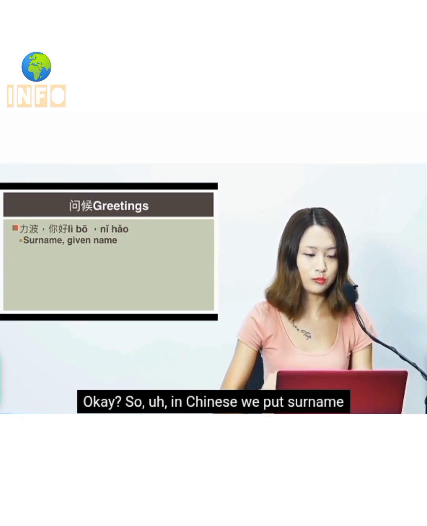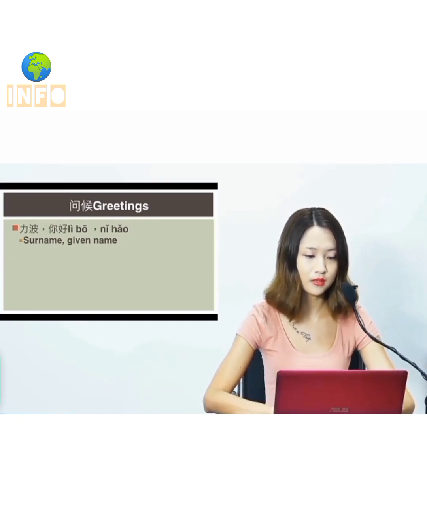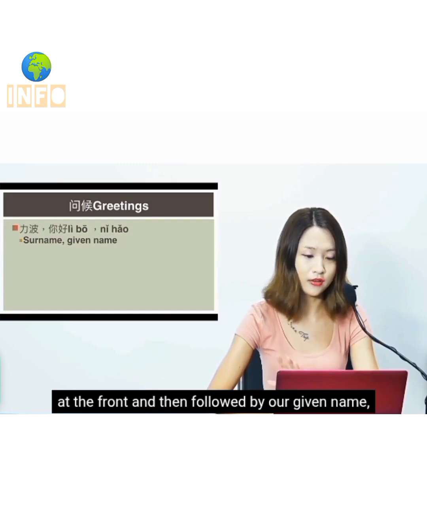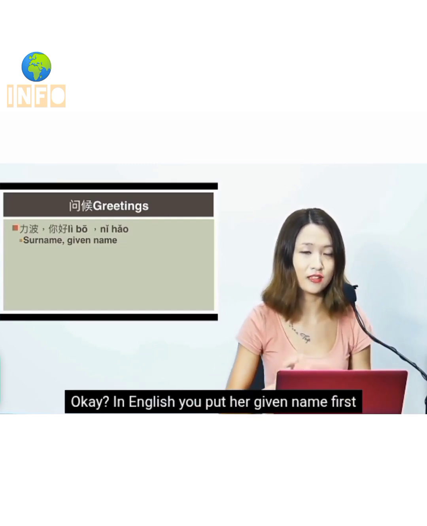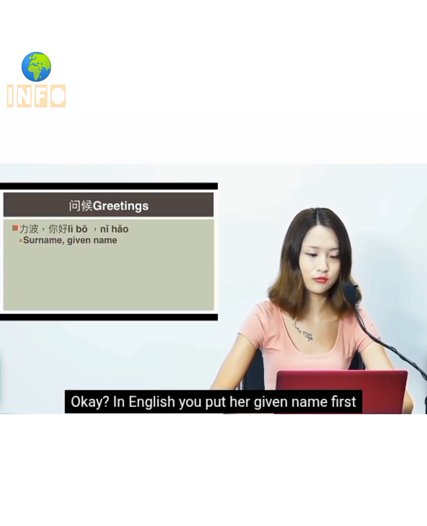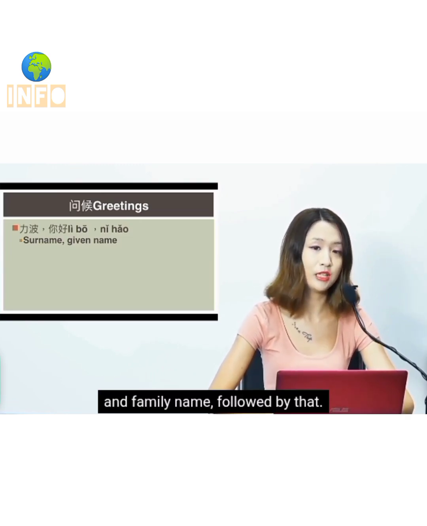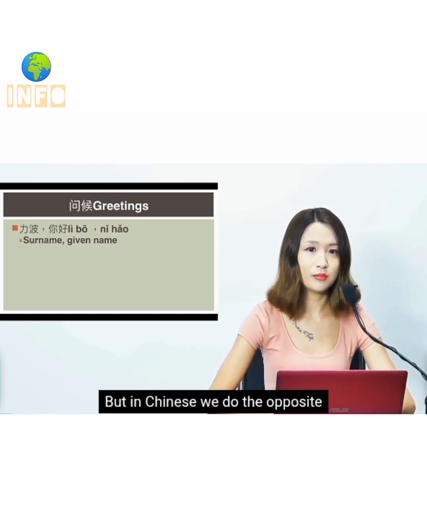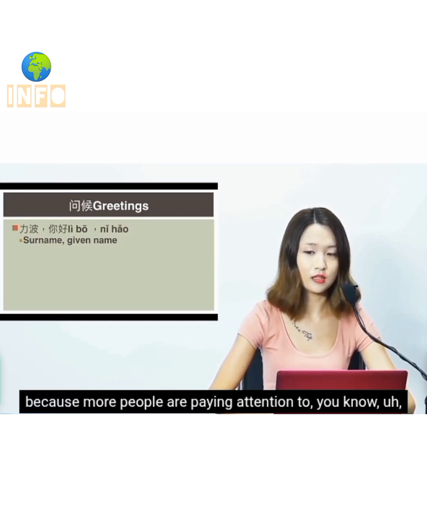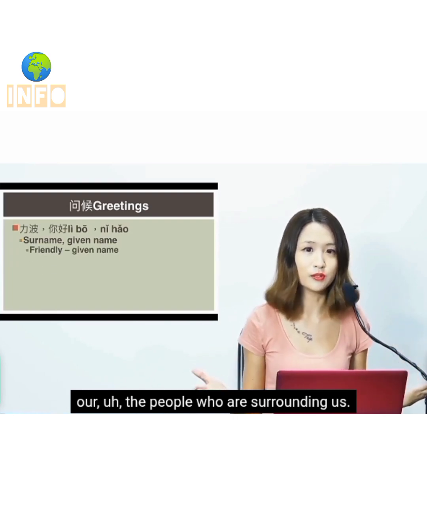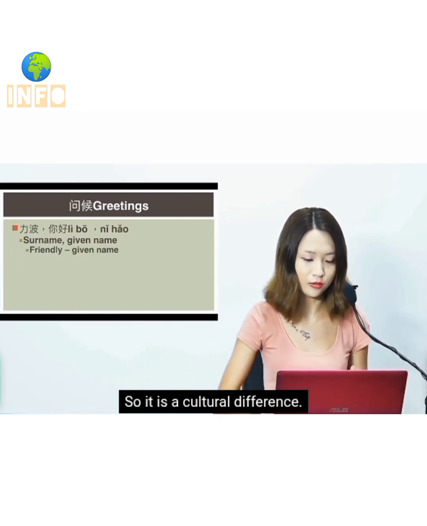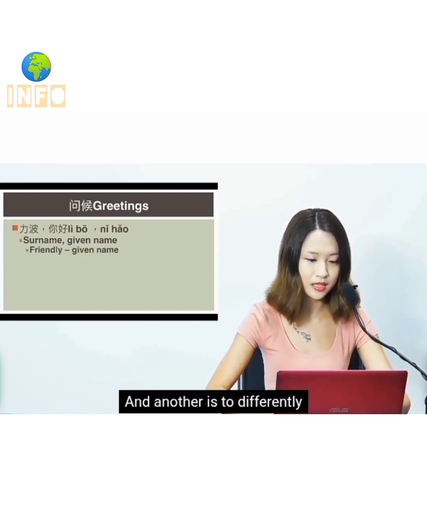So in Chinese, we put surname at the front and then followed by our given name, which is the opposite in English, okay? In English, you put your given name first and family name followed by that, but in Chinese, we do the opposite because more people are paying attention to the people who are surrounding us, so it is a cultural difference.